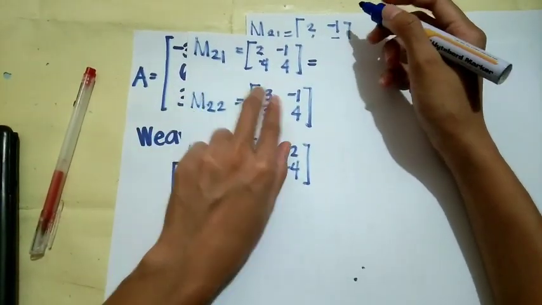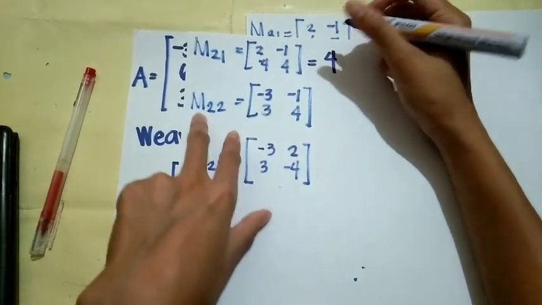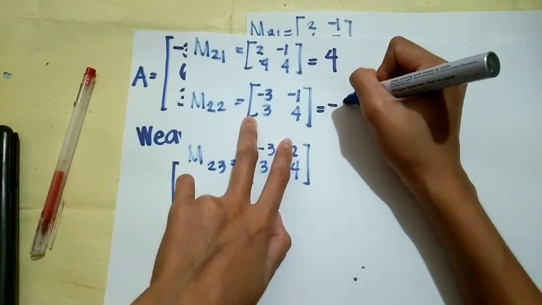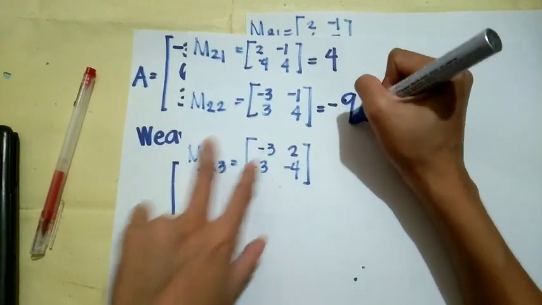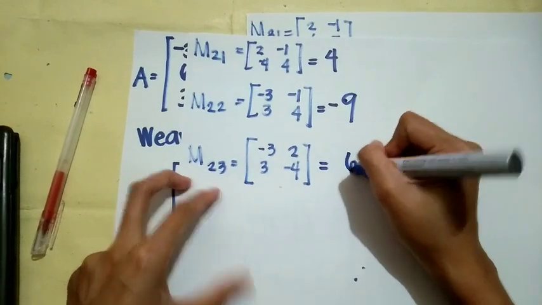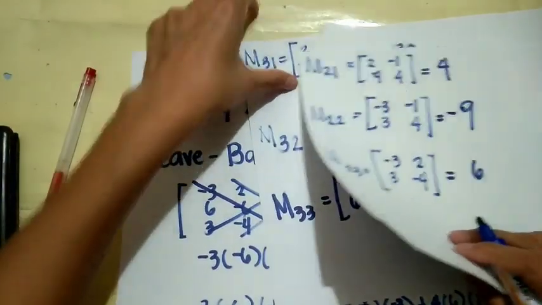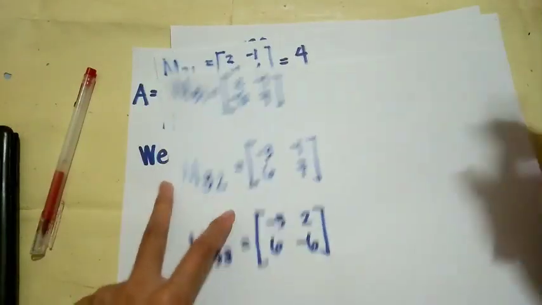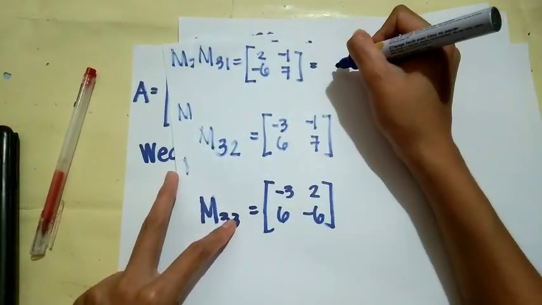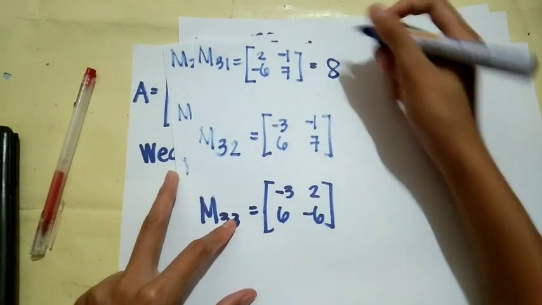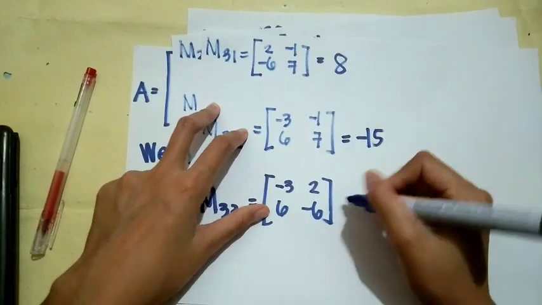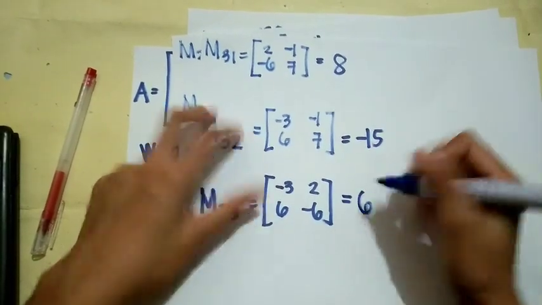I'm so sorry for the background noise. Next, we have M22, this is negative 9. And this one here we have 6. The determinant of this one is 8. And this one here we have negative 15. And in this one here we have 6.